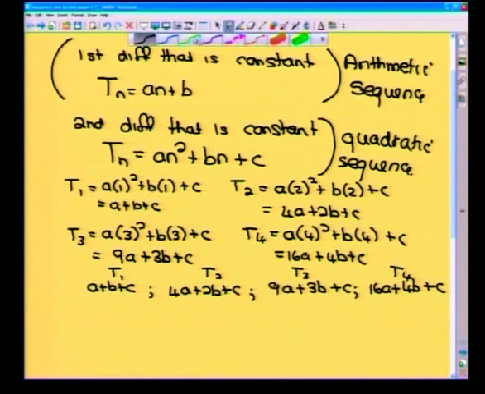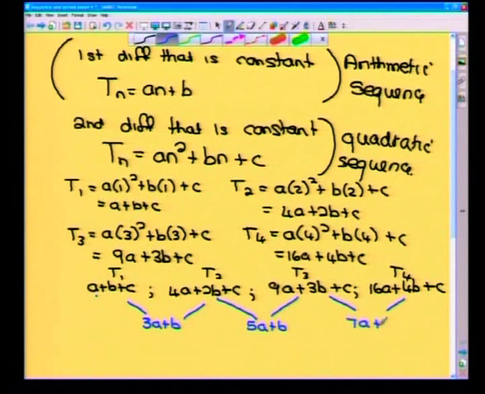So right, what do we do normally? We would look at this and we'd say, let's get our first difference. Well, if I'm moving from this term to this term, I'm adding 3A plus B on. Likewise, if I'm going from this term to this term, I'm adding 5A plus B. And if I'm going from this term to this term, I'm adding 7A plus B.